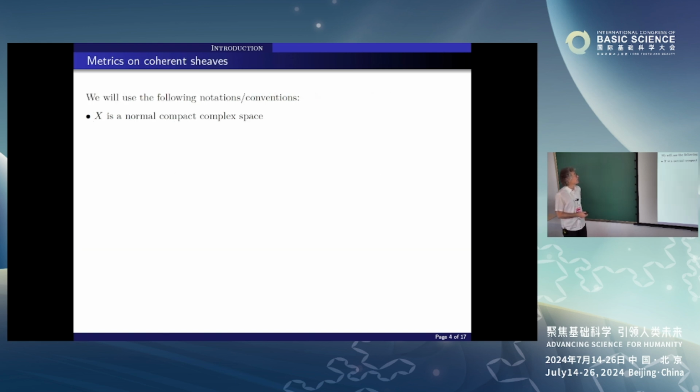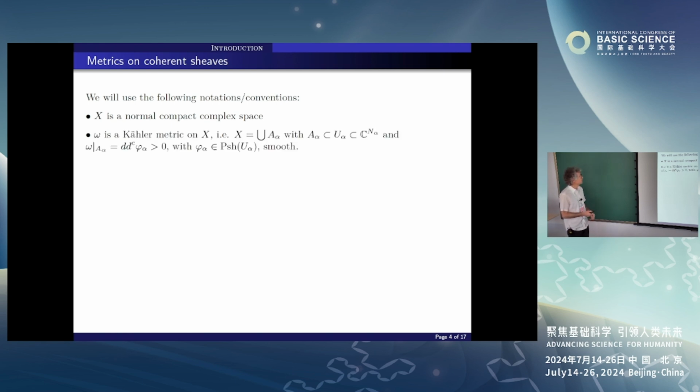So let's see. The first thing to agree about is what would be a metric on a coherent sheaf, because there are many competitors there. The convention that we took here is the following. X, like I said, is a normal complex space. By definition, a Kahler metric on X is given as follows.